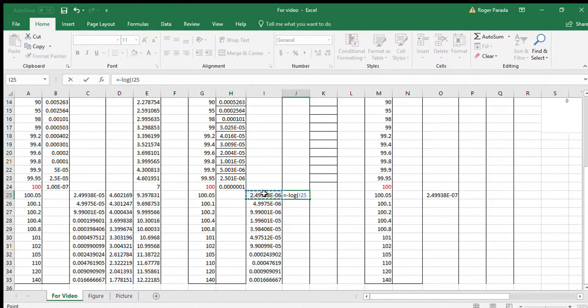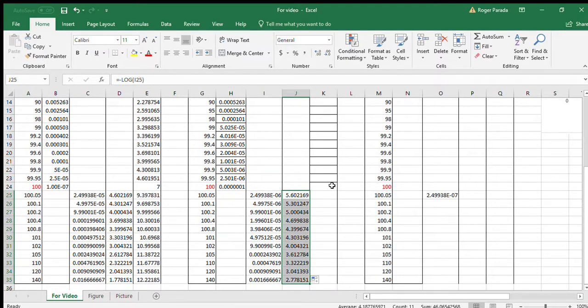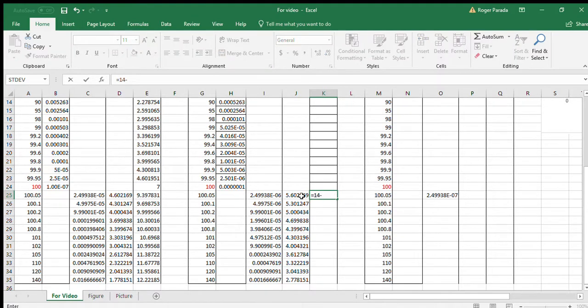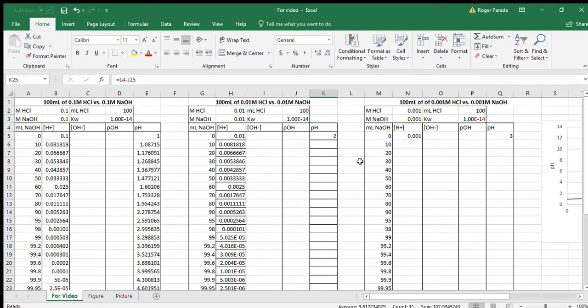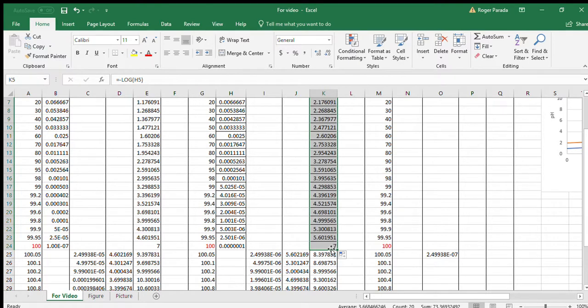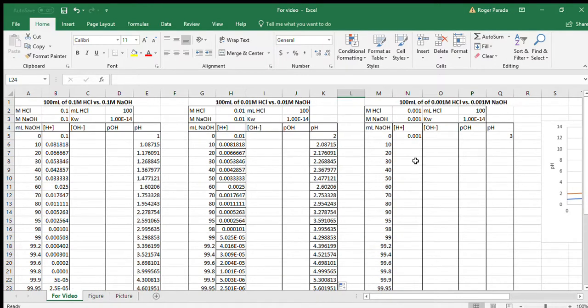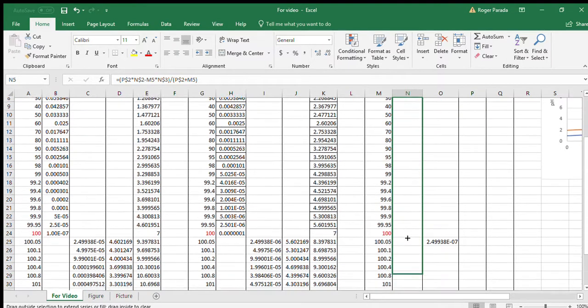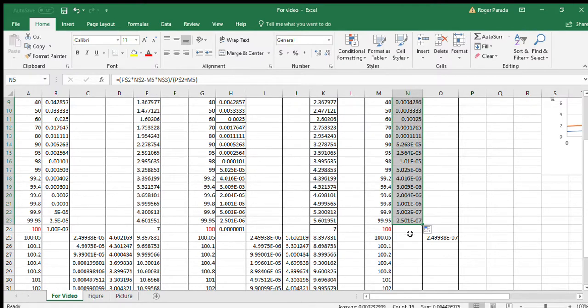Negative log OH equals 14 minus POH, drag down here. And again, 7 is the pH at our equivalence point. And just quickly, once again, same thing here.